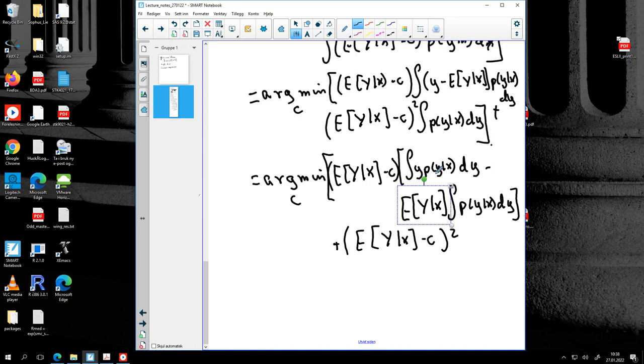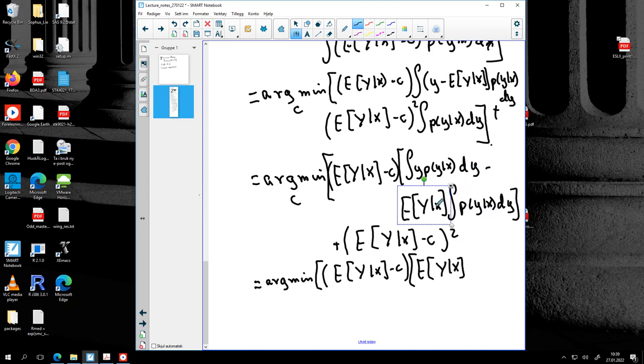So this is the expectation of y given x. So we have this first term again, the expectation of y given x minus c. And then this term is just now the expectation of y given x.